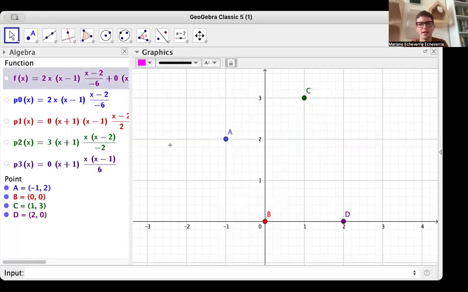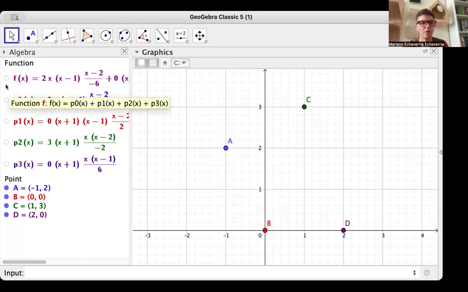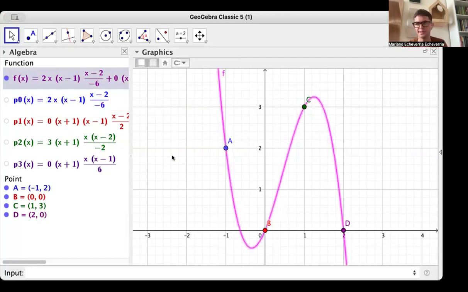The way I motivated the idea of interpolating yesterday was by saying, maybe you're doing an experiment, gathering some data, and you get a number of points. And then you are trying to find the polynomial that passes through those points.